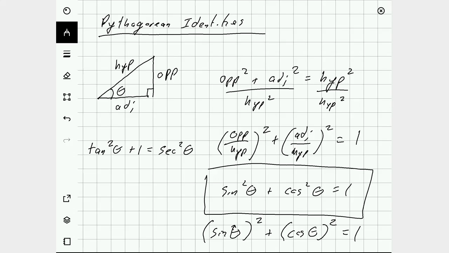And if I had divided by the opposite, I would have ended up with 1 plus cotangent squared theta is equal to cosecant squared theta. So there are 2 other forms of the Pythagorean identity.